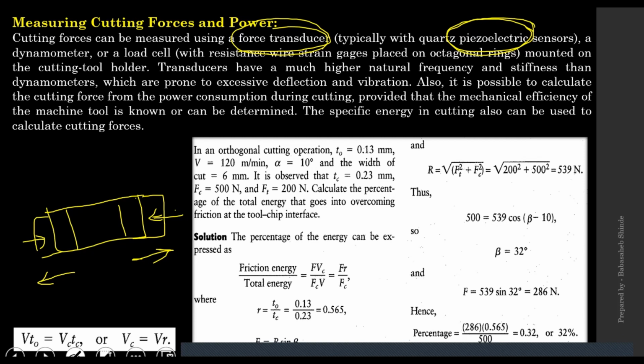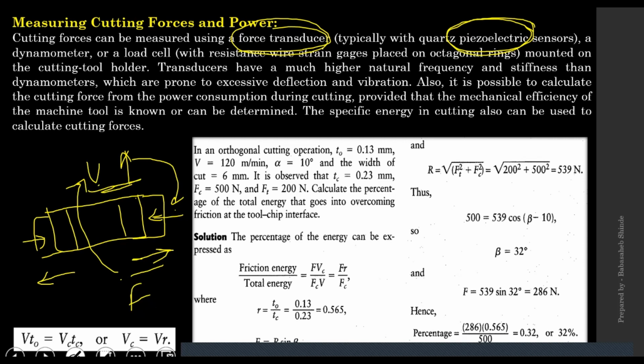Whenever, because of application of external force, its dimension changes, there will be development of electrical potential. If you correlate the change in dimension and developed potential, you can measure the force.